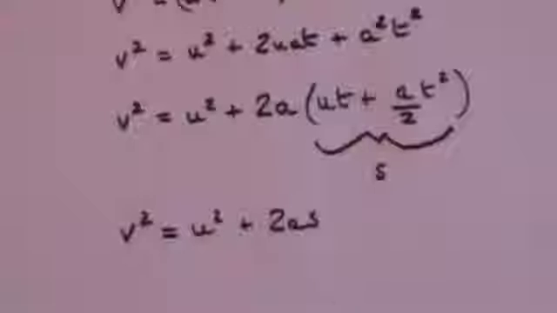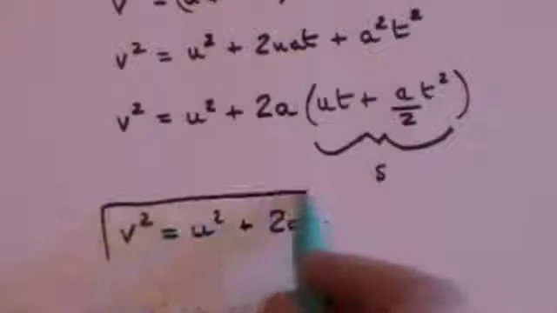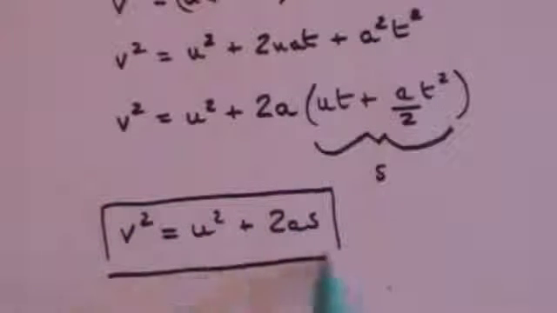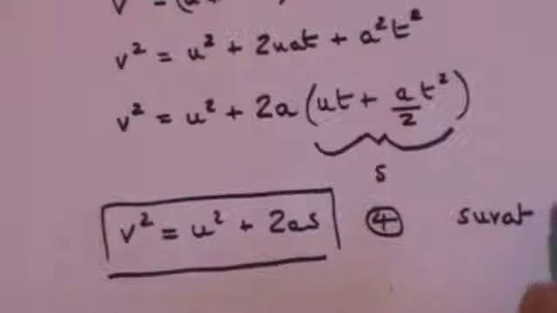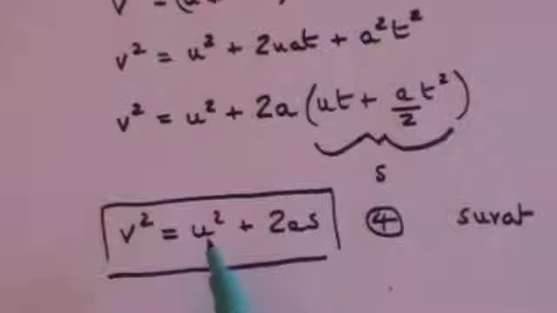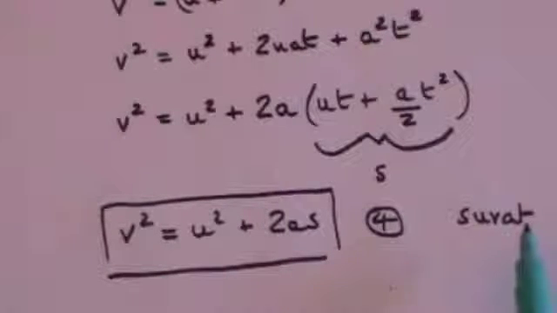So that's s. And that is the fourth and final suvat equation. And this one has got v, the final velocity, u, the initial velocity, a, the acceleration, and s, the distance. This one doesn't include time.